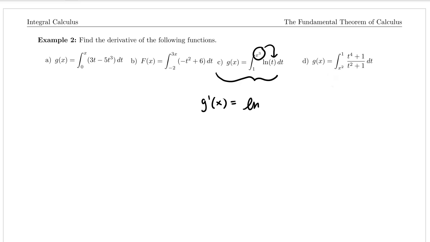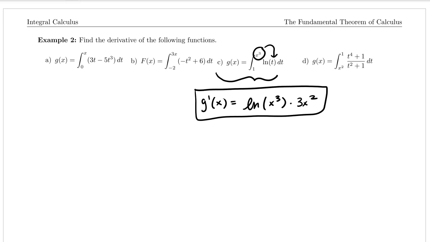So in this case, that would be the natural log of x cubed. And then you would just need to multiply that by the derivative of the upper limit of integration. So that would be 3x squared. And this was the same answer that we got previously, just writing out all the justification for it. So I'm okay with you just writing this out.